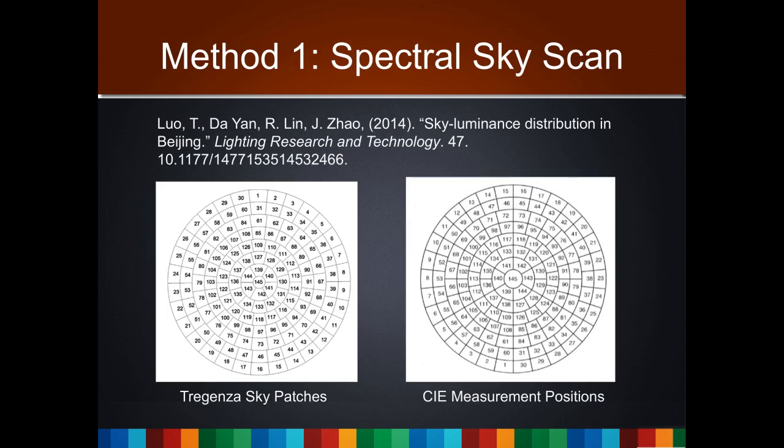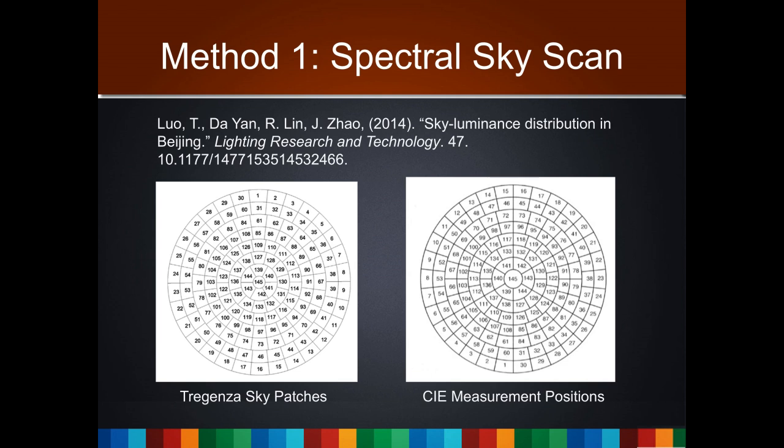So method one, spectral sky scan. There are scanners out there that will record full spectral sky patches. They tend to use 145 patches similar to Tregenza, but a different layout. The main difference being that the winding of the rows is different. So rather than being continuous and going around and then skipping the next row and going around the same direction. Here, I think this is from above, you see a clockwise winding.